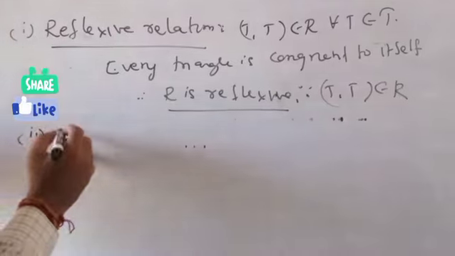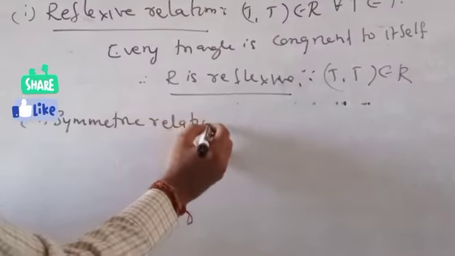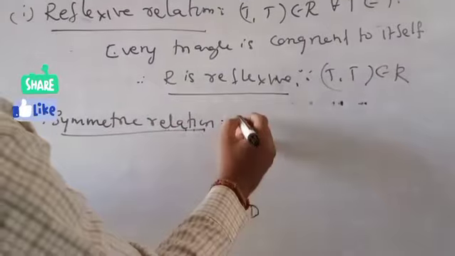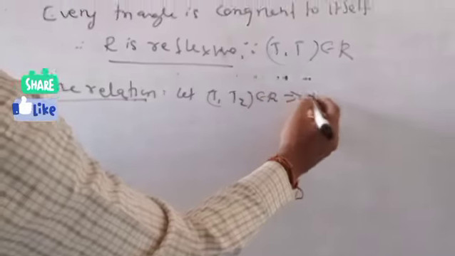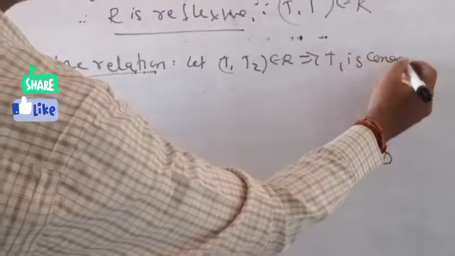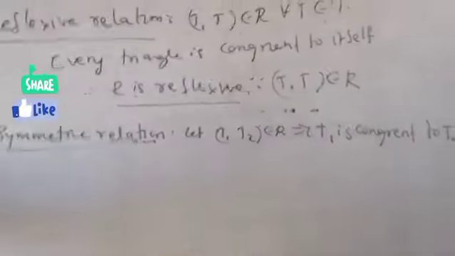Second one, symmetric relation. Let (T1, T2) belong to R, which implies T1 is congruent to T2 as per the definition of the given relation.